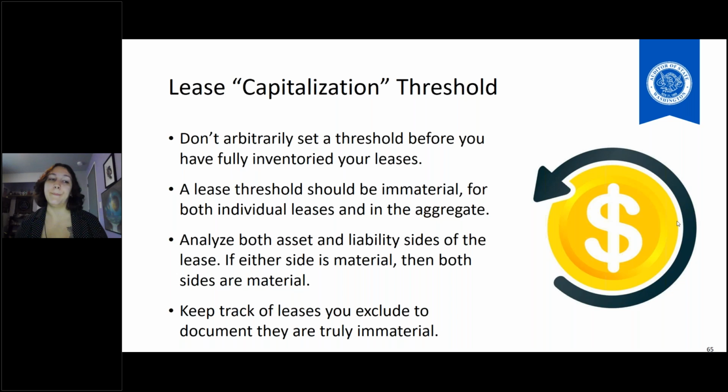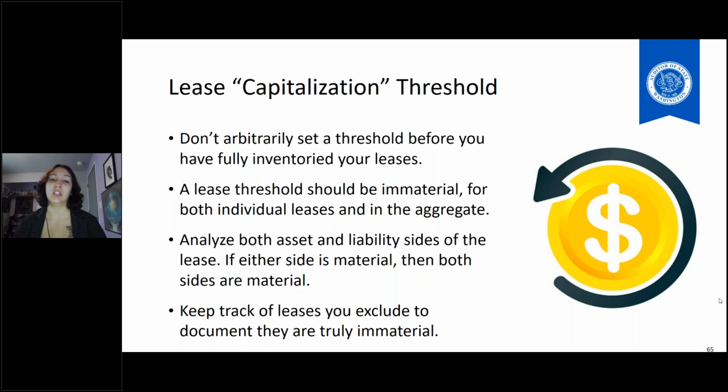So the first thing, don't just arbitrarily select a number, and don't just apply your existing threshold for capital assets. Instead, what we recommend is create an inventory of all of your leases, even the really small ones, and then use that as a guide to make sure that the threshold you select really is immaterial.